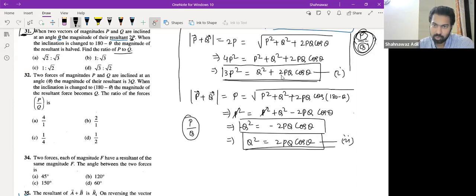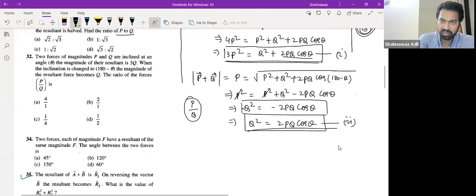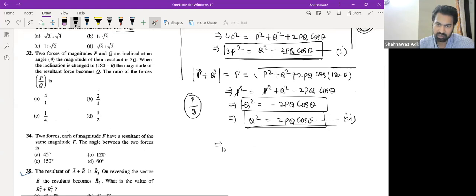So we know that 2PQ cos theta and 2PQ cos theta, the value of 2PQ cos theta we know. Right, guys? Yes, sir. So we can put the value in the first equation, and 3P square from 1 and 2 would be simply Q square plus Q square.